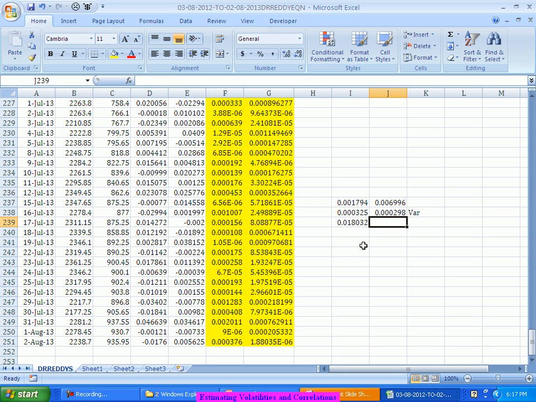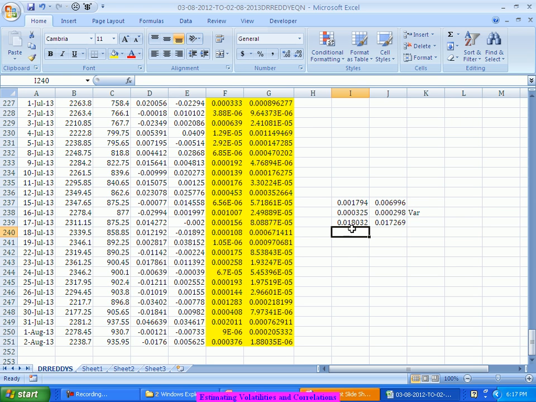So the daily standard deviation is 1.8% for this, and it is around 1.72% for this. So if I'm looking at it from a standard deviation standpoint, I may say that HCL Tech is slightly less risky compared to Dr. Reddy's, or vice versa. Right?